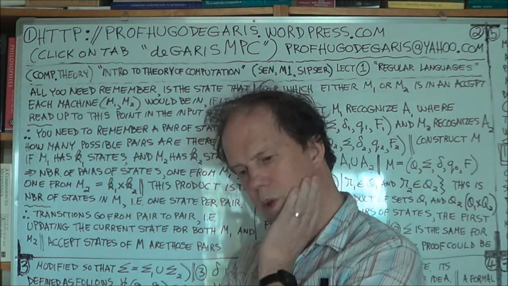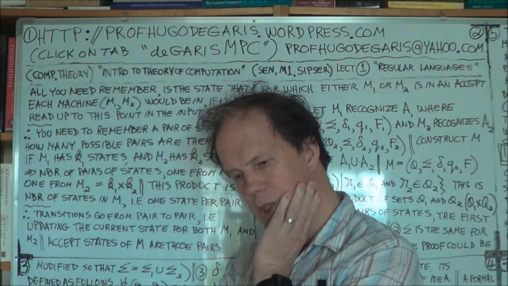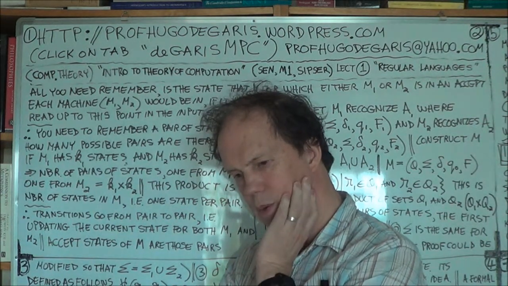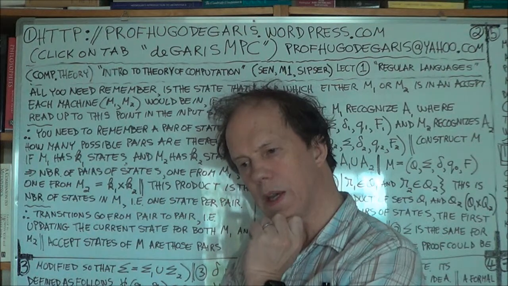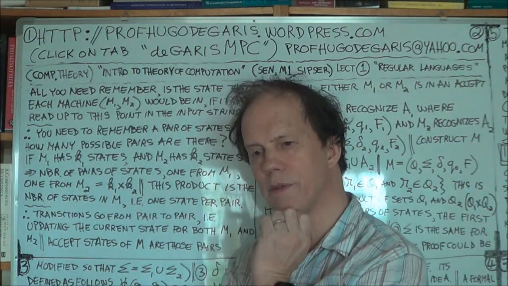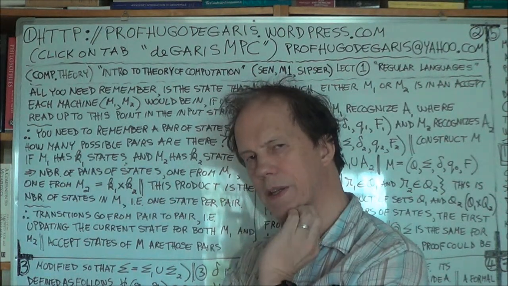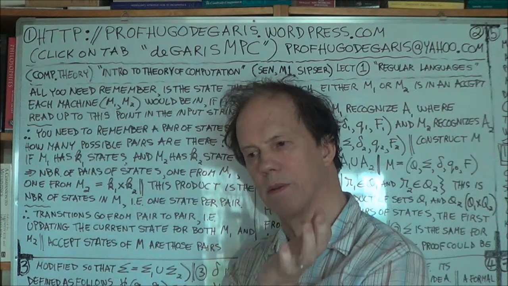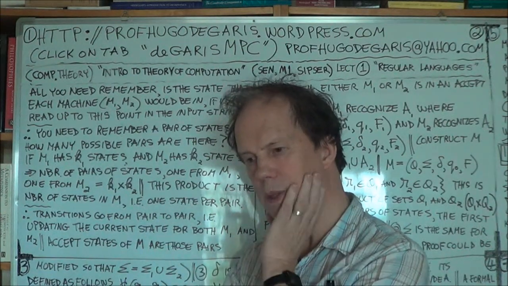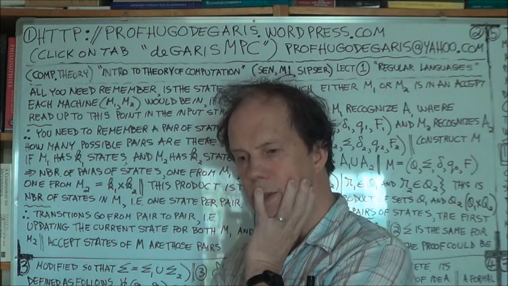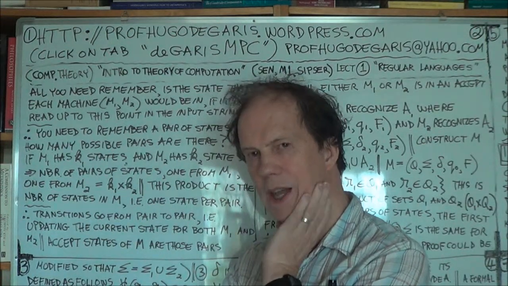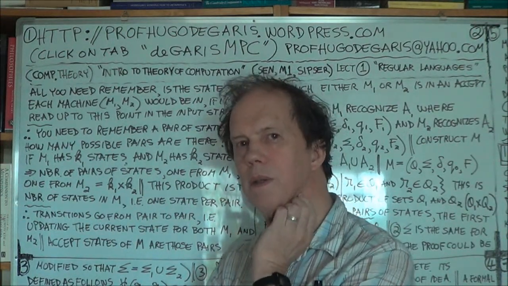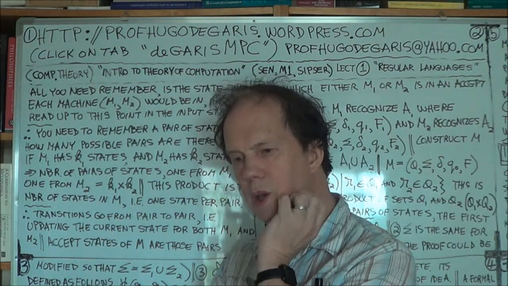So we were designing a machine M that would simulate these two machines. And if either one of those accepted, either accepted A1 or accepted A2, because we're talking about the union, right? Then machine M would also accept. That was the core idea.